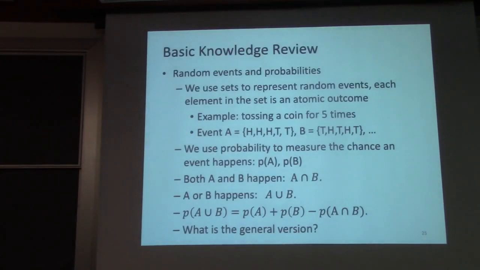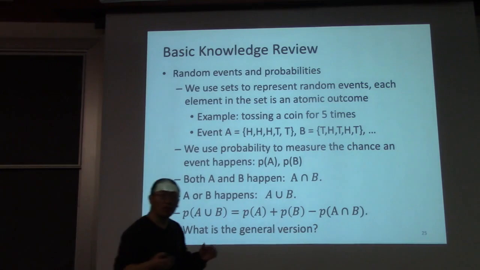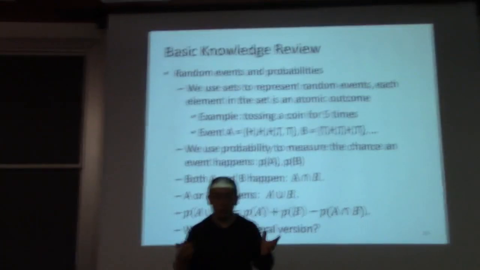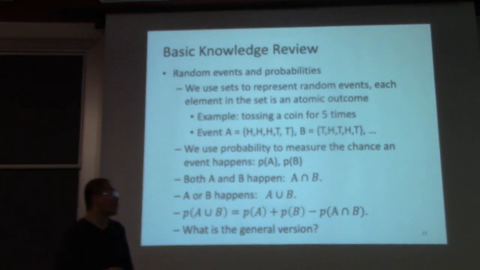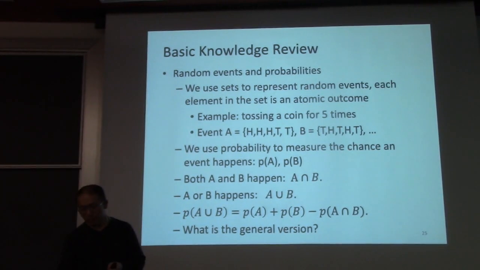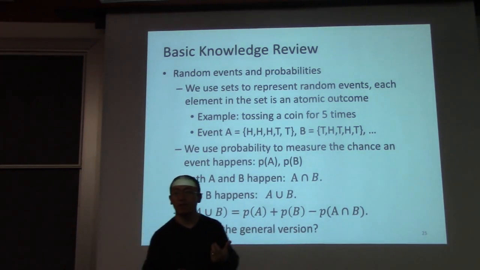So first, the definition of random events and random variables. To represent random events using mathematical language, we use sets. For example, if I do an experiment like tossing a coin, I want to represent the results, whether heads up or tails up, in terms of sets.